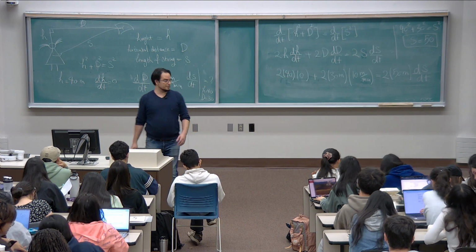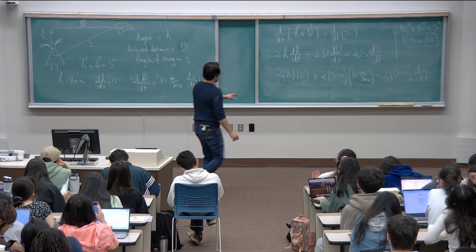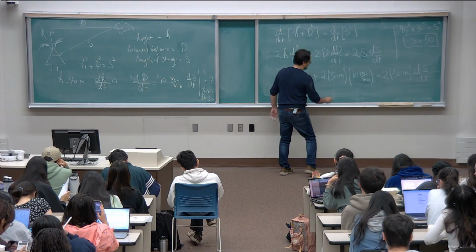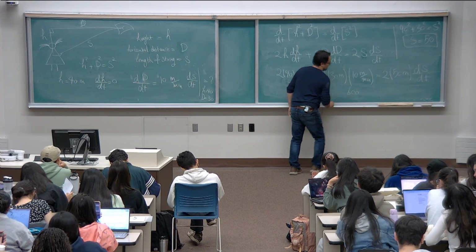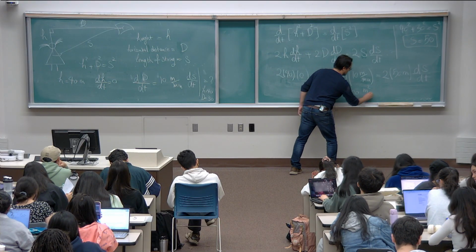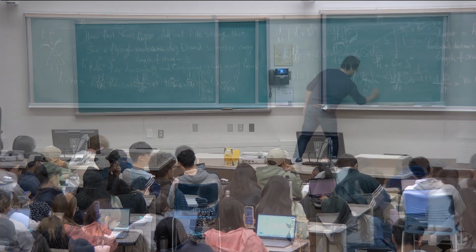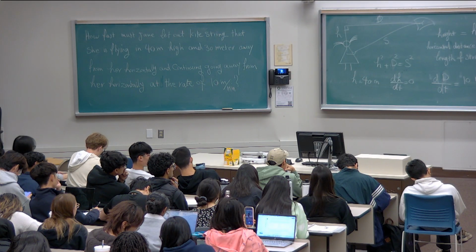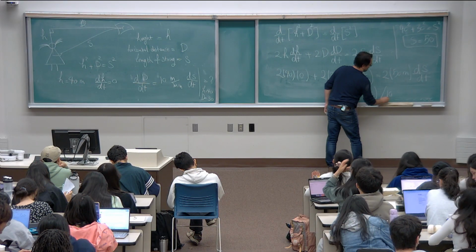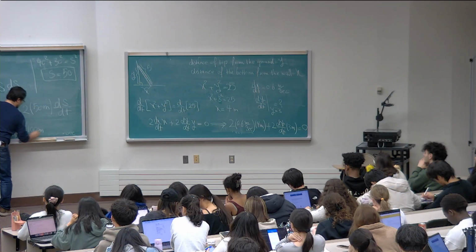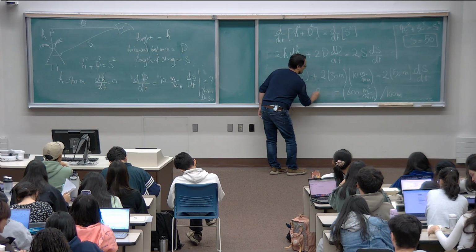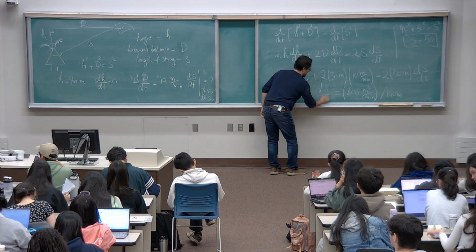And that gives me what? So the right-hand side, I have 600 meters squared per minute, divided by 100 meters. This is ds/dt.